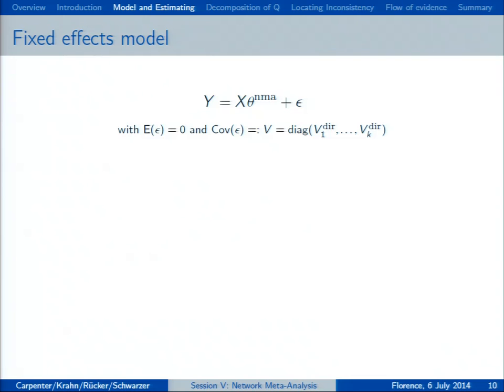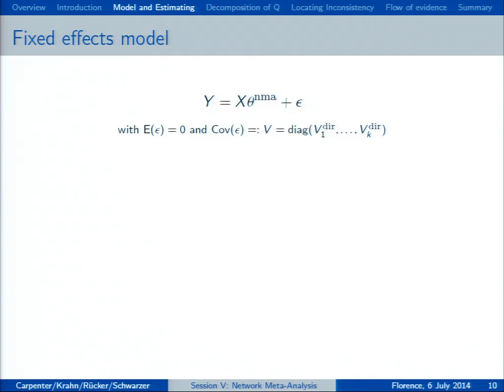And each study also gives the variance to the covariance matrix. So the covariance matrix of this model has block diagonal form. For each two-arm study, we have one variance on the diagonal, and for each multi-arm study, we then have a block on this diagonal, taking the correlations between the treatment comparisons of multi-arm studies into account.